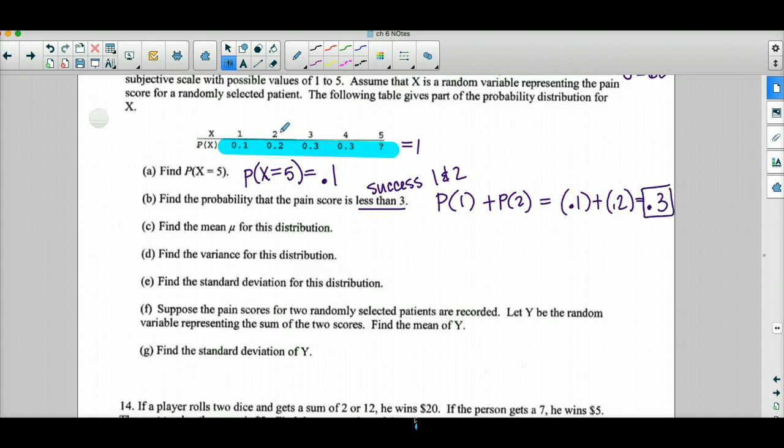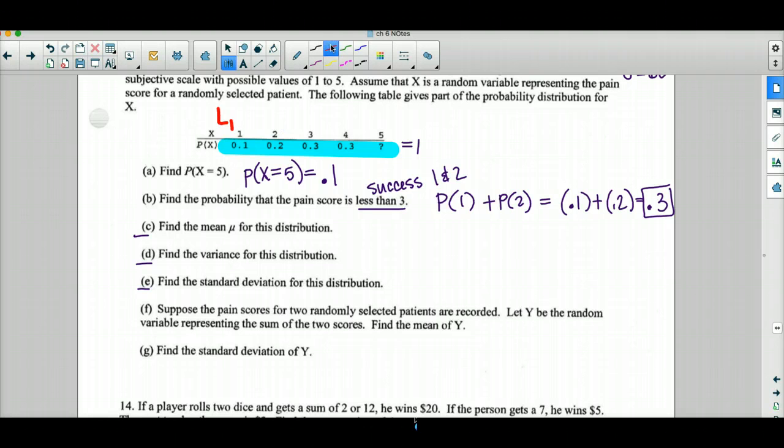0.3. That's pretty exciting. The mean, the variance, and the standard deviation. Where do I get that? It's on the chart. Okay, we're going to plug it into our calculator. List 1, list 2.